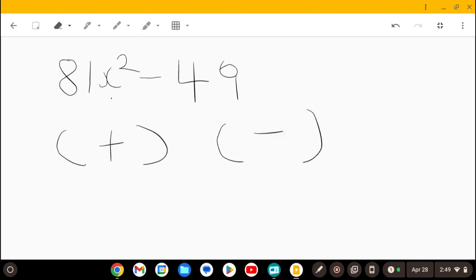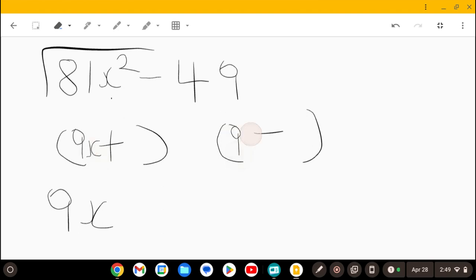Now we're going to find the square root of 81x squared. The square root of 81 is 9. The square root of x squared is x. So we write 9x on the left side of the first bracket, and also 9x on the left side of the second bracket. Now we find the square root of 49, which is 7.